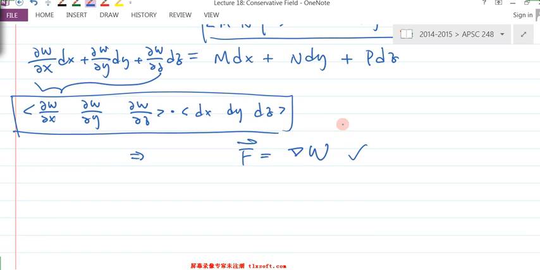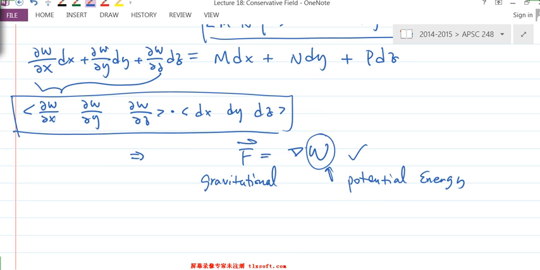So this W here, if F is a gravitational field, and this is a potential energy, the potential energy, the W. Okay? Yeah, go ahead.